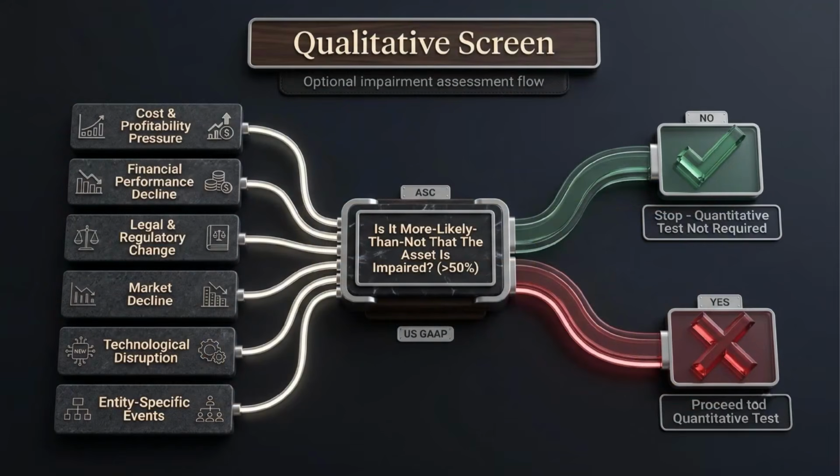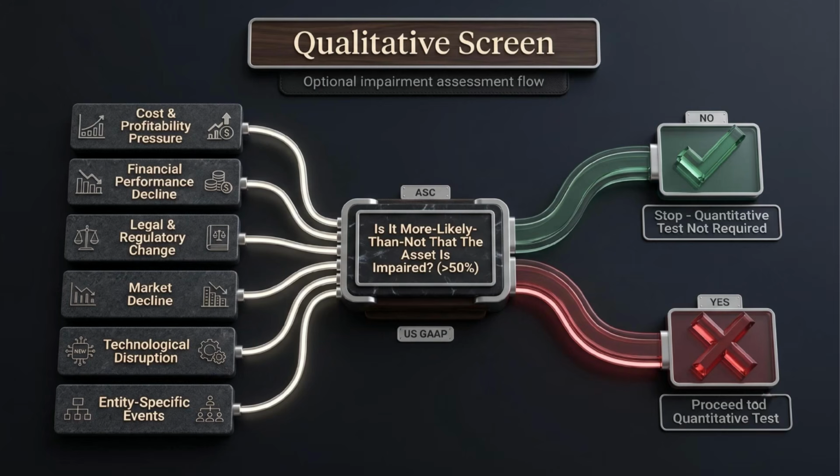Before doing the full quantitative impairment test for an indefinite lived intangible asset, management may elect a qualitative screen. The question is whether it is more likely than not, meaning greater than 50% likelihood, that the asset is impaired.